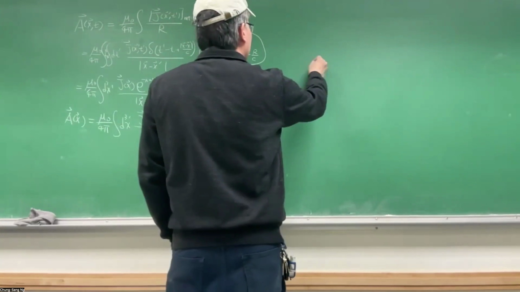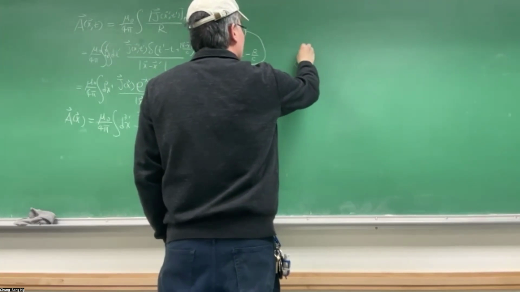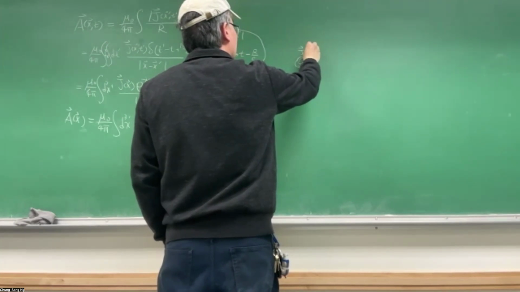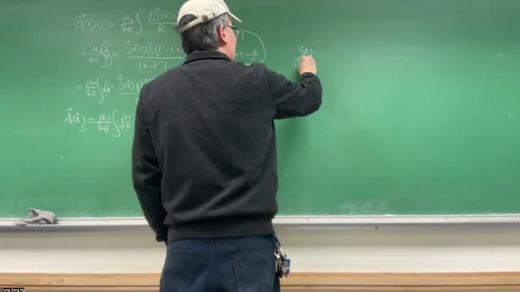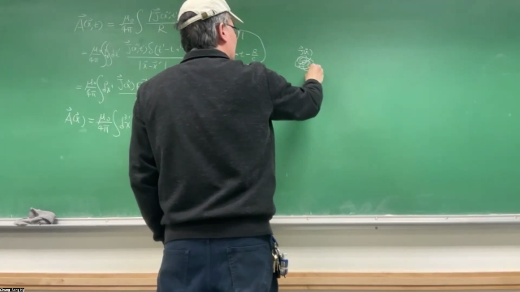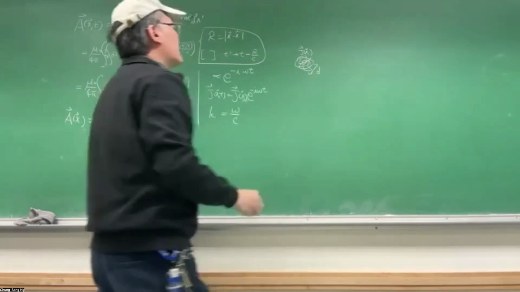Obviously, you have this J oscillating within a certain region of space, and assuming it's localized, you have the source length, which I'll call d.